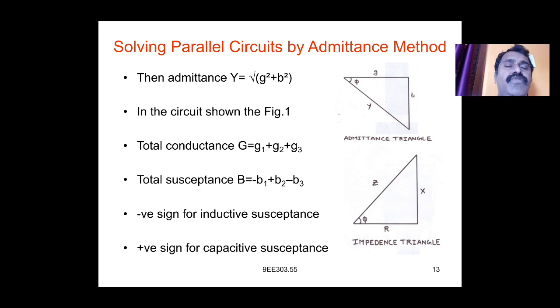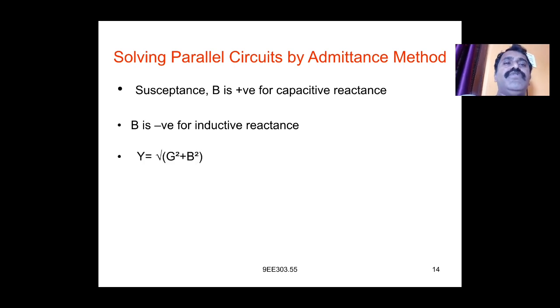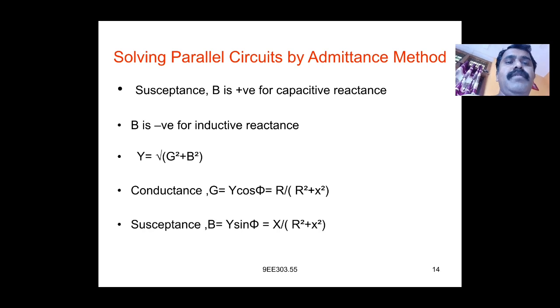Susceptance is the reciprocal of the reactance. B is positive for capacitive reactance, B is negative for inductive reactance. Y is equal to root of G square plus B square. Conductance G is equal to Y cos phi, that is R by R square plus X square. Susceptance B is equal to Y sin phi, that is X by R square plus X square.